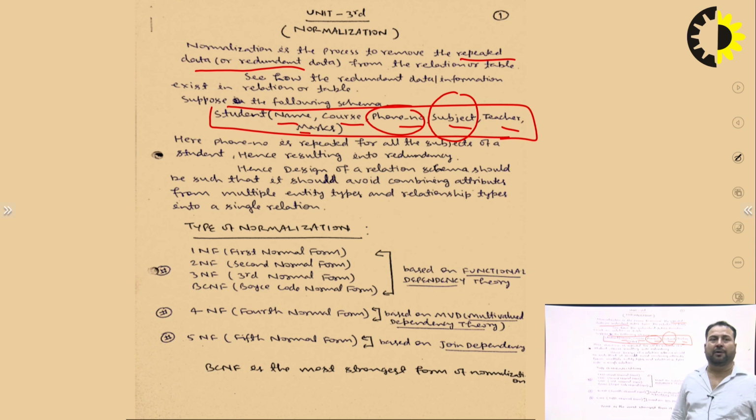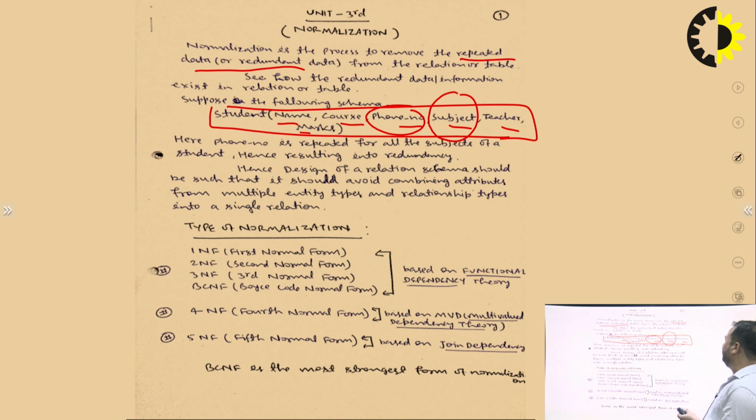How we could decompose a relation comes under normalization, and the purpose is to reduce redundancy. Here the phone number is repeated for all the subjects of a student, hence resulting in redundancy.